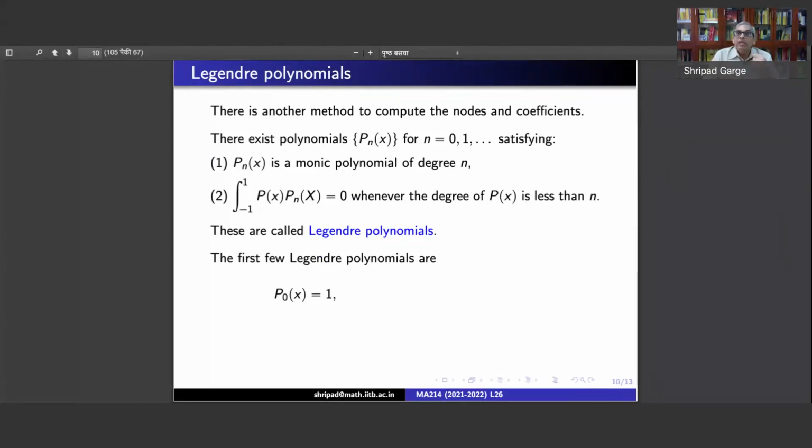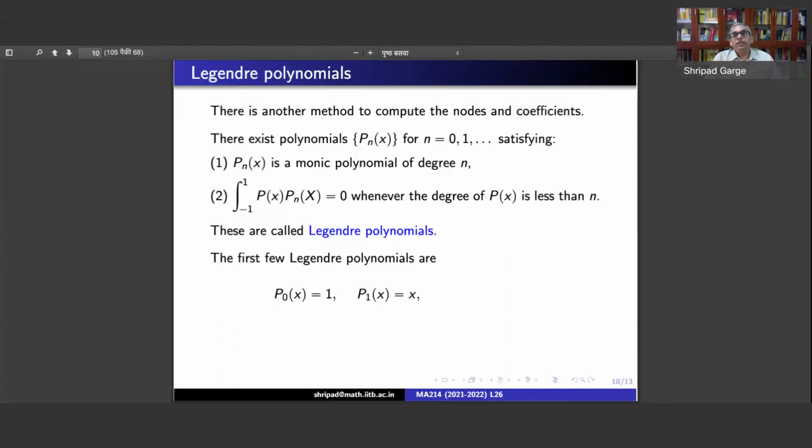How do you compute P1 now? P1 is a monic polynomial of degree 1, and for any polynomial of degree 0, the integral from minus 1 to 1 of constant times P1 has to be 0. So P1 has to be an odd polynomial definitely, and therefore it cannot have any constant term, and it is monic, so P1(x) will have to be equal to x.